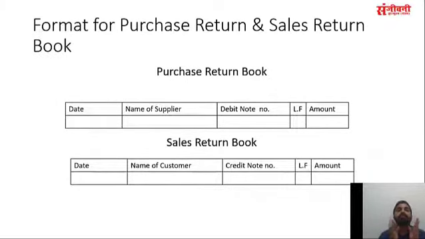So here is the other purchase return and sales return book. Whatever you purchase and return back will be entered over here, and whatever you sell and that is returned back is entered into the sales return book.